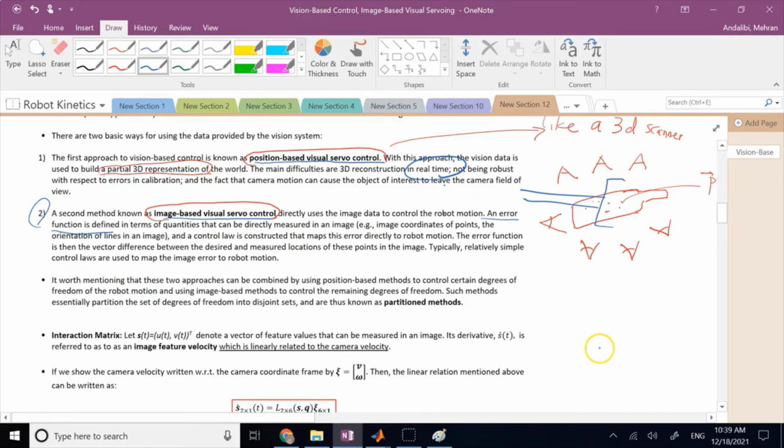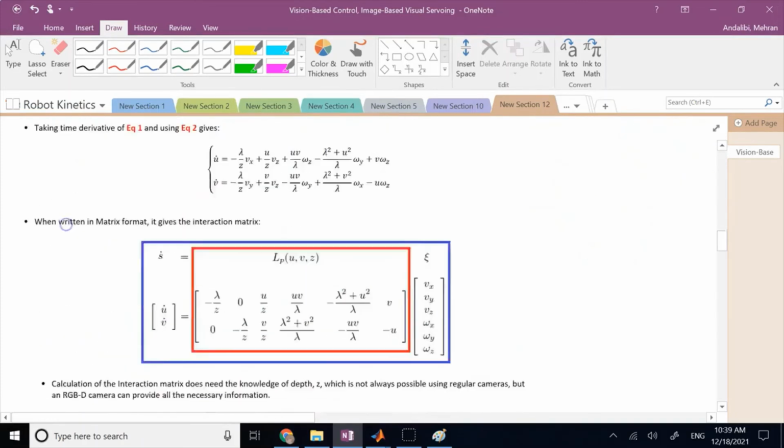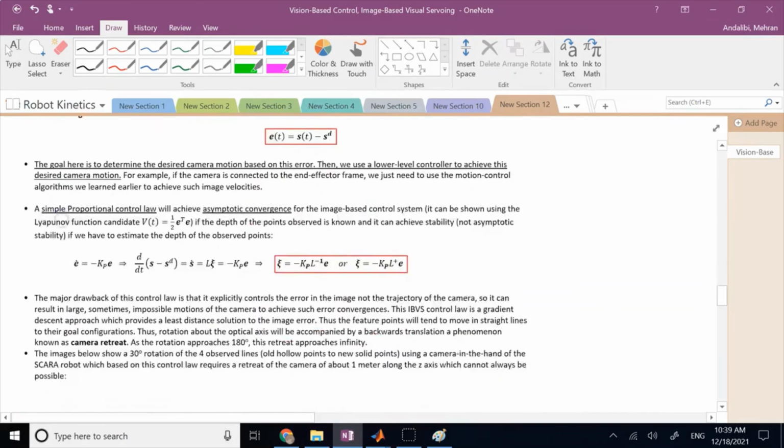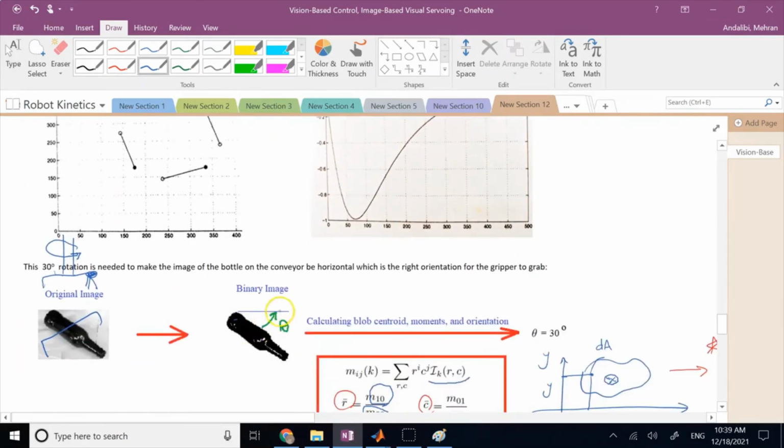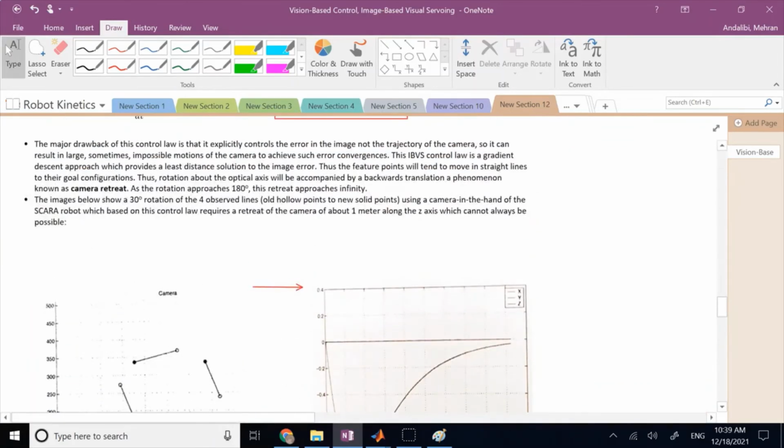So if I can focus on specific feature points, and if I can change their position to a desired position so that it causes whatever I want to happen with the image, let's say in this case that 34-degree rotation, that is the kind of signal, the kind of error that I use to control my robots, okay? And we'll talk about it in the next video.